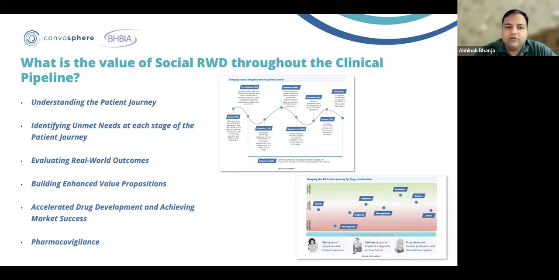So this helps us enhance the outcomes that we get from the real world, be it understanding treatment efficacy and safety outcomes, or how patients are perceiving it. It is a quicker and easier way to get this information, which helps us evaluate real world outcomes better.